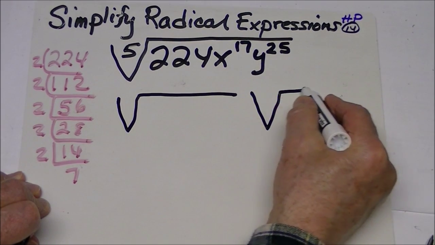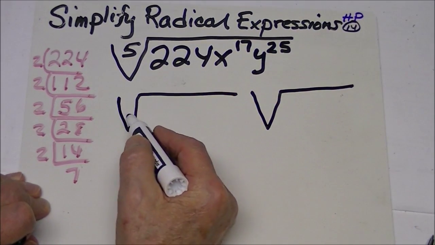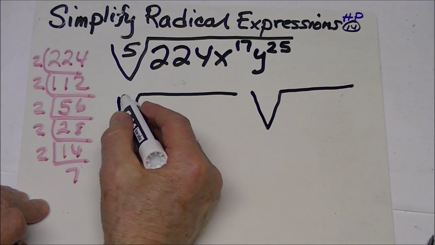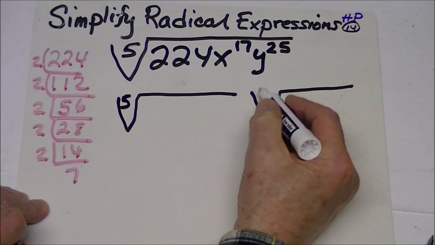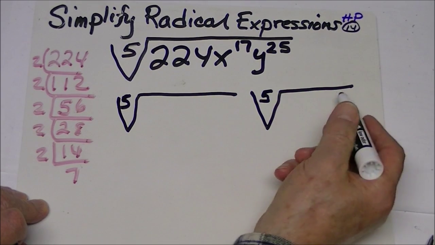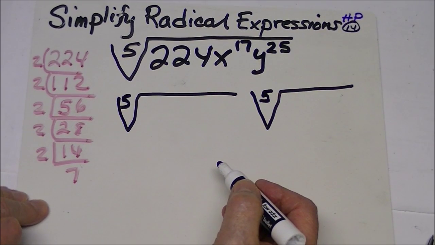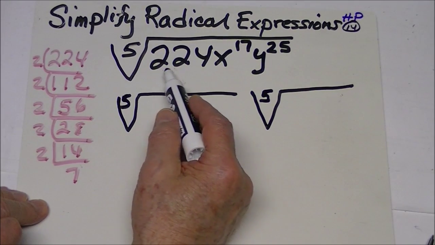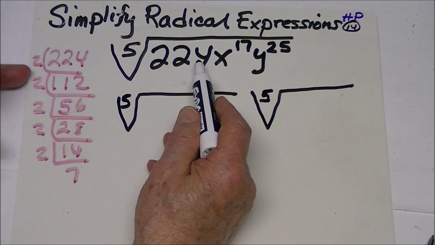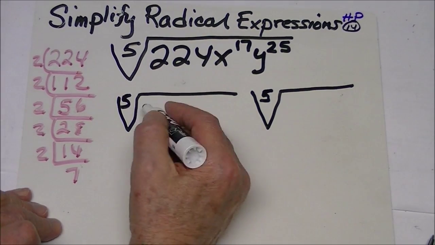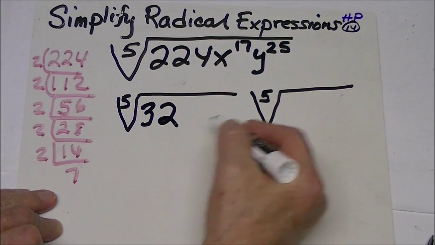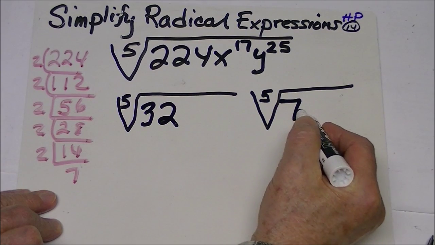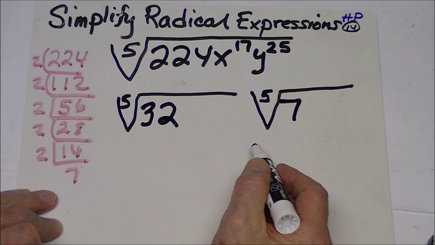Under one radical sign, we're going to put all of the perfect fifths that there are, and then whatever is left over, we'll put under the other radical sign. So we know in this, it's going to be 2 to the fifth power, which is 32, and then we have a 7 that's left over that we put in the other radical sign.